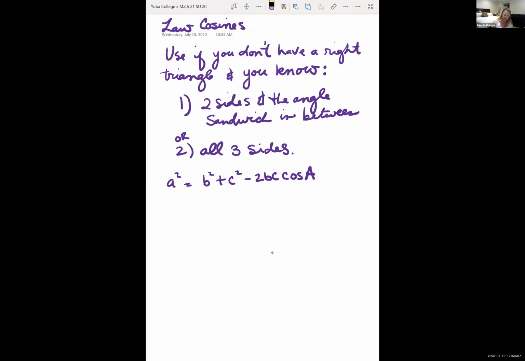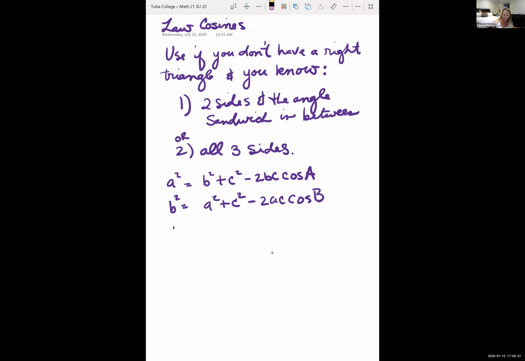So if we wanted to find b squared, we could take the square root of both sides to figure out what that side is. But b squared is equal to the other two sides, that sum squared. So a squared plus c squared minus 2 times the multiple of those other two sides, ac, cosine of the angle across from the side that we're looking for, b.